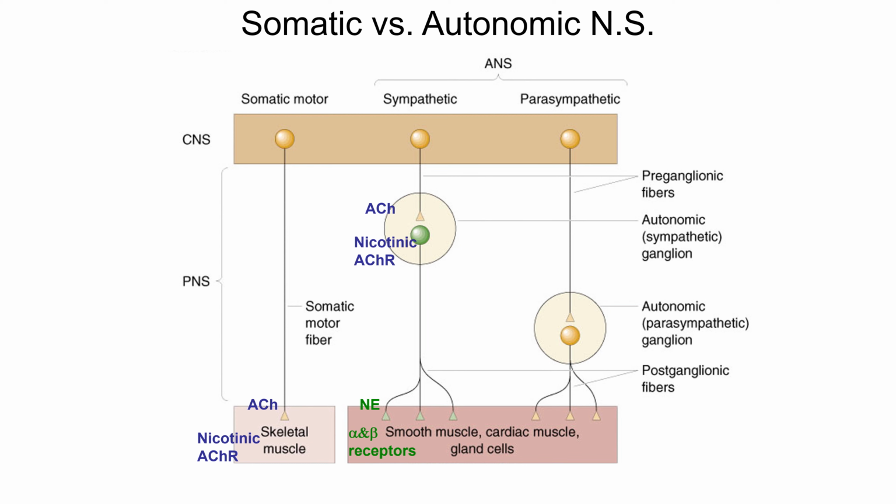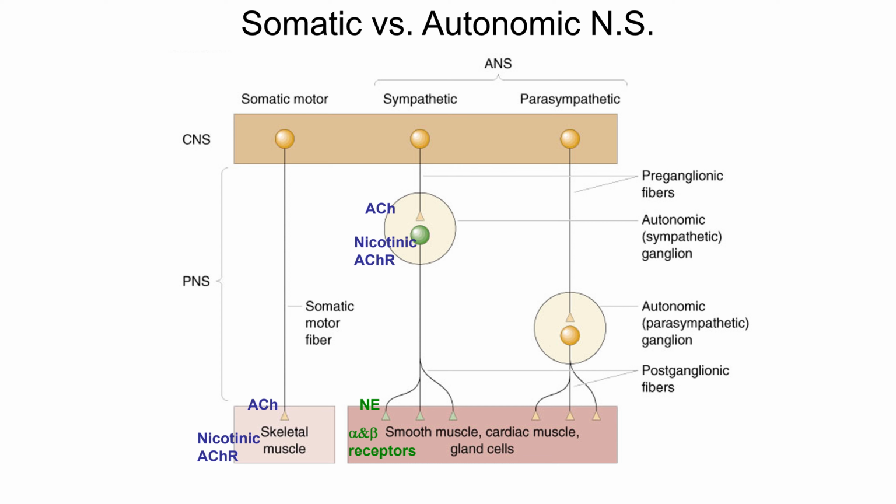The autonomic system also uses acetylcholine at the preganglionic ganglia. So at the preganglionic nerve terminals, they secrete acetylcholine, which acts on acetylcholine receptors that are nicotinic, both in the sympathetic and parasympathetic, just like at skeletal muscle. So these are fast-acting at the ganglia.